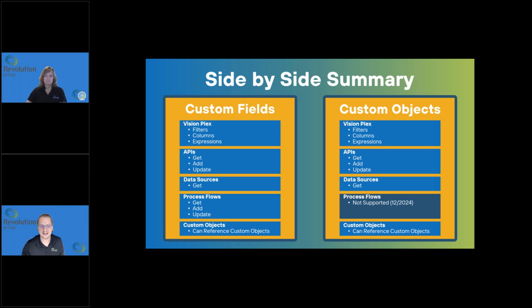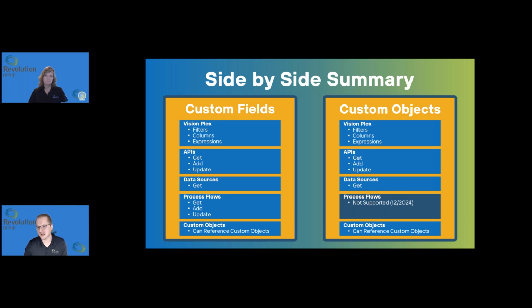Custom fields right now can be used in process flows. Process flows can add, get, update, and fully control what data gets put into those custom fields on those standard objects.